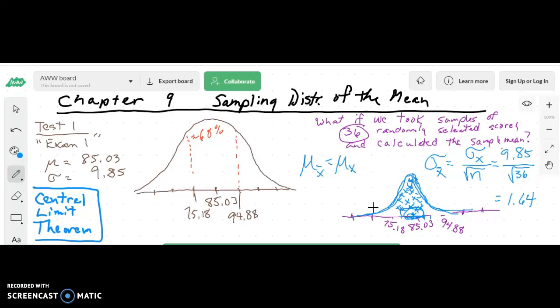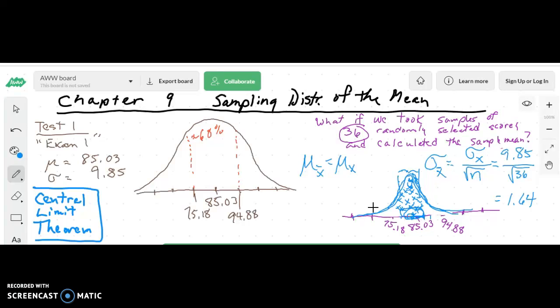So that means that instead of having a standard deviation of 9.85 for the individual scores and it being that spread out, which means 68% of the time I can expect an individual score within one standard deviation, my values are going to be much more clumped together. Instead of the increment being 9.8, it's going to be an increment of 1.64, a lot tighter together.